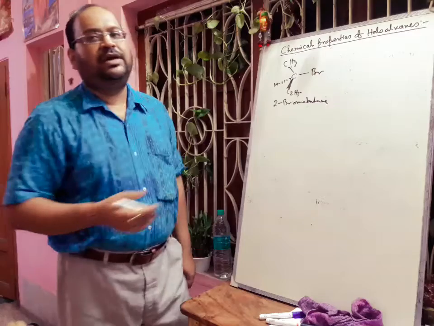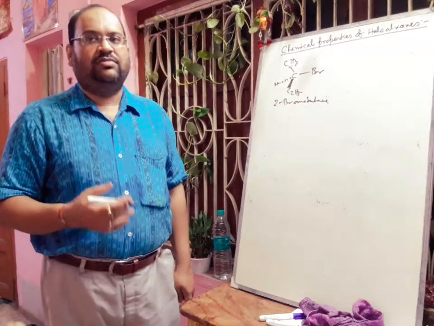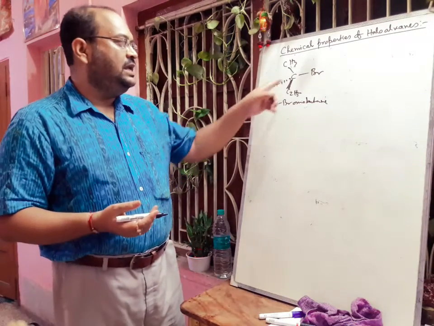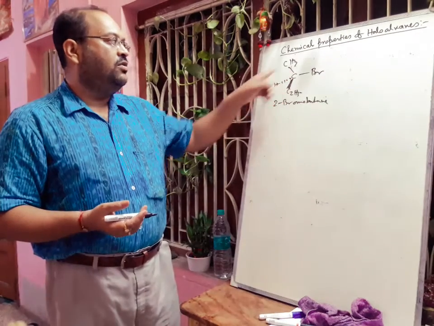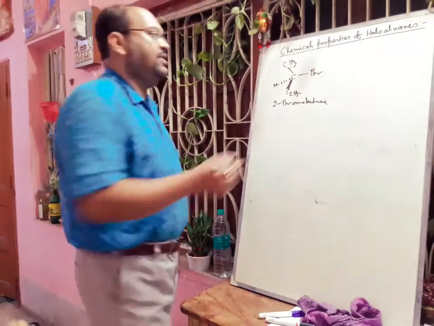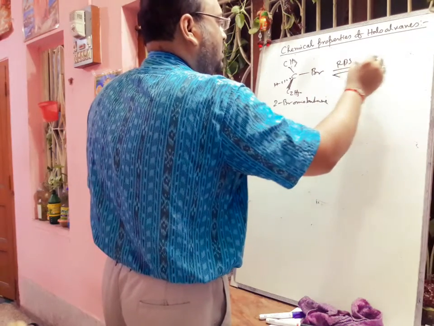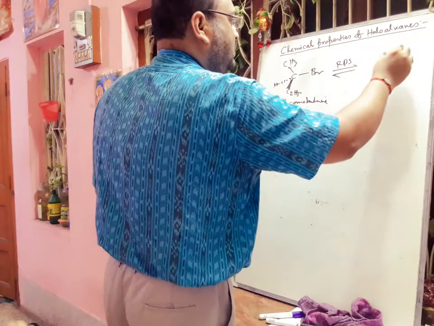So this molecule may be either plus or minus, it may be dextrorotatory or maybe levorotatory. So definitely around the carbon 4 different groups are there, so it will be optically active. So first, in the RDS step, there will be formation of carbocation.